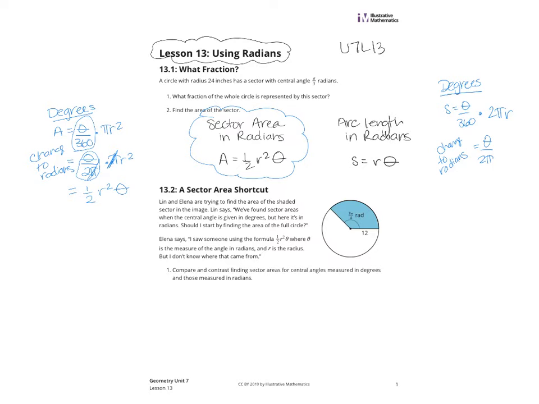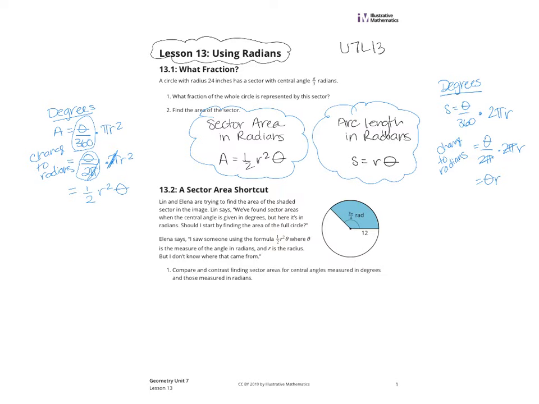That's the portion of my circle times the circumference. Well, now you can see how my 2 pi's cancel, and I'm left with theta times the radius. So we write that with the radius first, and that's why the arc length in radians is s equals r times theta.